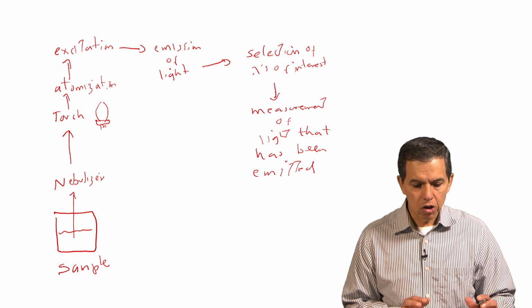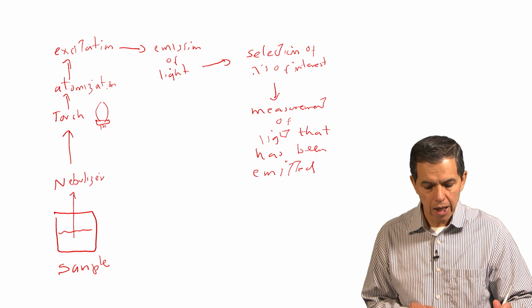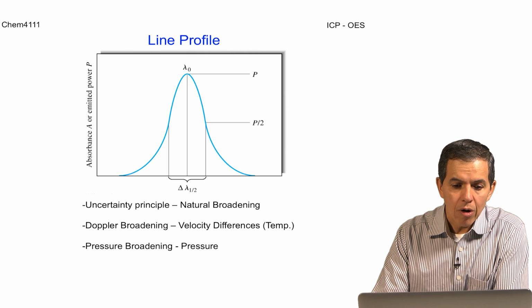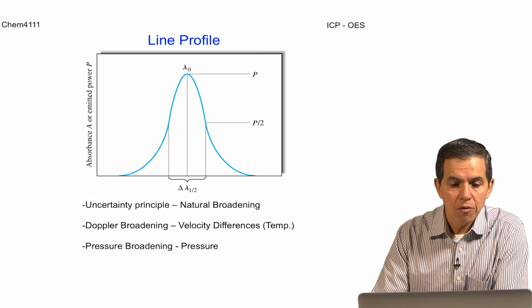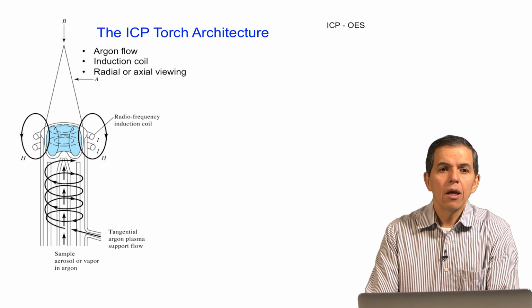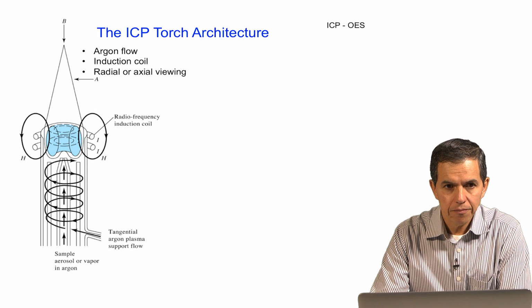It is the combination of these components that we will be discussing next. Now that we have described in general the several components of an ICP-OES measurement, let's analyze one component at a time. The first component is the ICP torch.